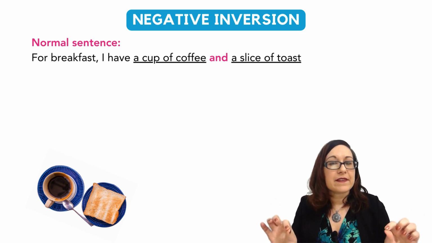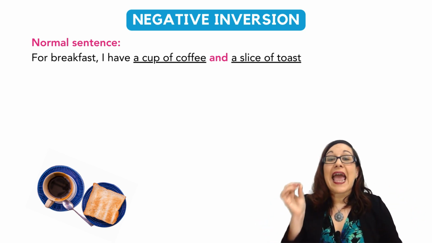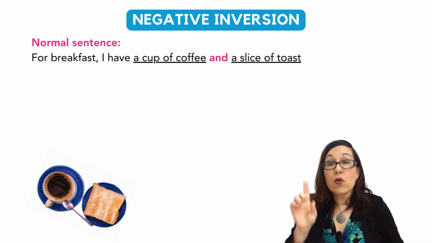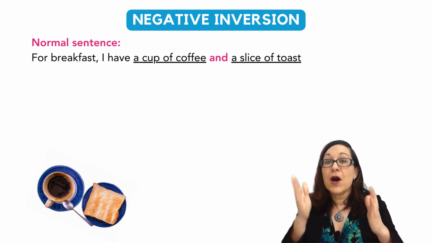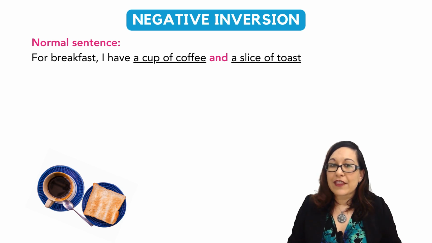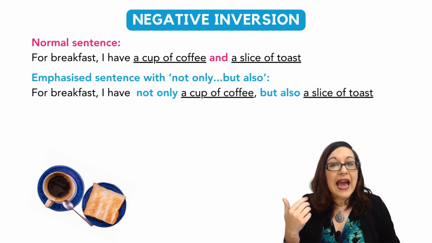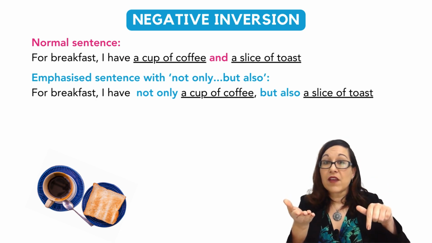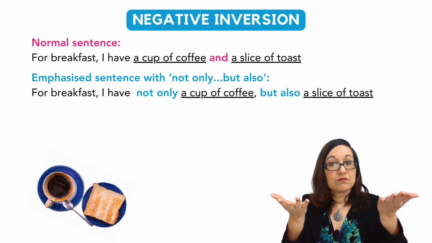There's no emphasis there. If we emphasize that there are two things, not only one thing, but also the second thing, we end up with, for breakfast, I have not only a cup of coffee, but also a slice of toast.